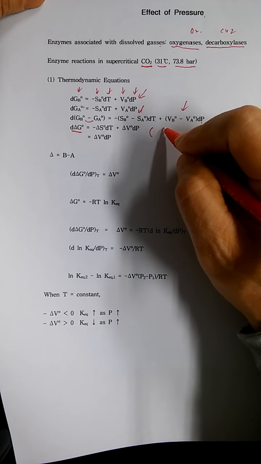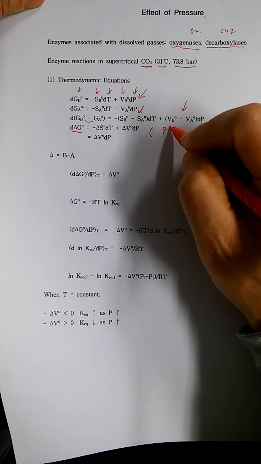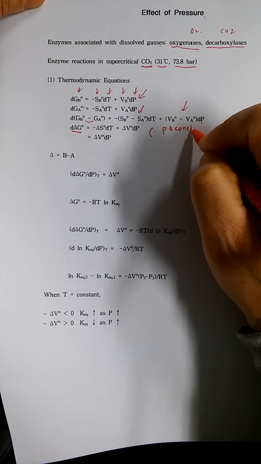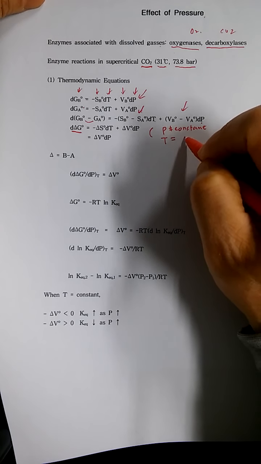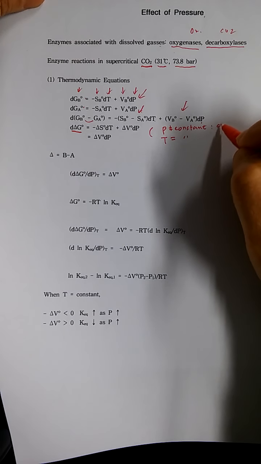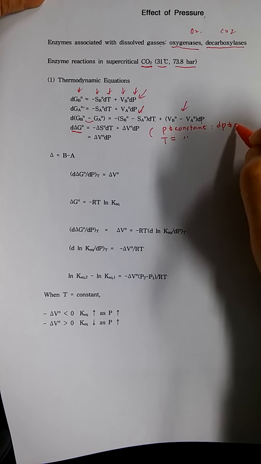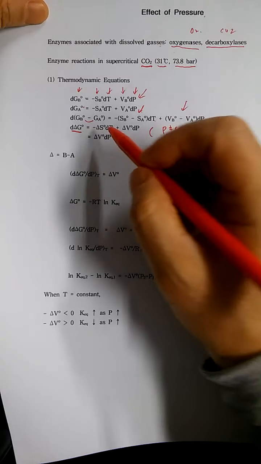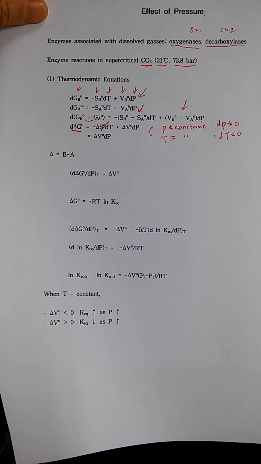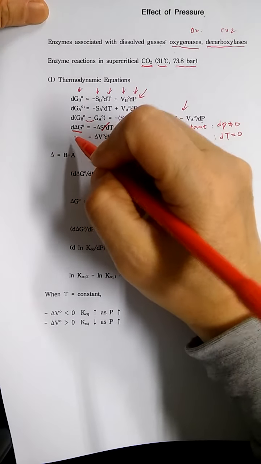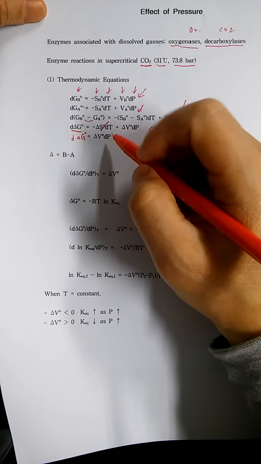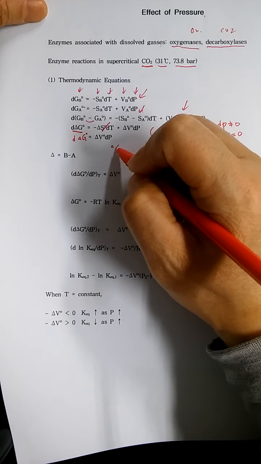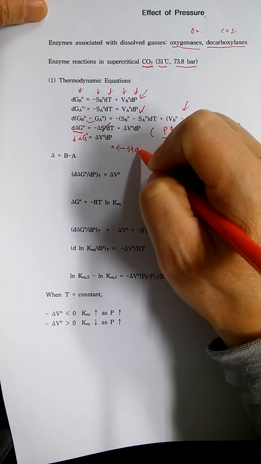Now, if we change pressure, so pressure is not constant, but we keep the temperature constant, so that dP is not 0 while dT equals 0, this term will disappear, and so d delta G equals delta V dP, where 0 represents the standard state.